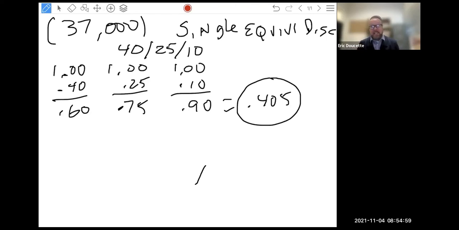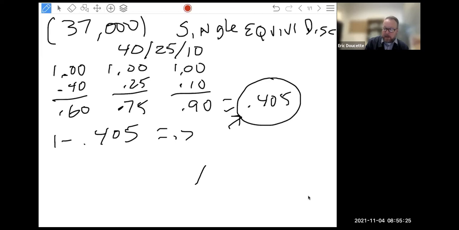If I want to find the discount amount, I can subtract the net price from the list price and I would get the discount amount. Or I could simply take the complement of this number, so 1 minus 0.405, which would equal 0.595.